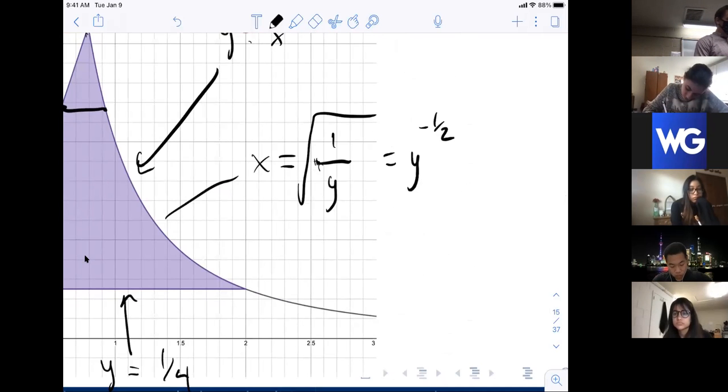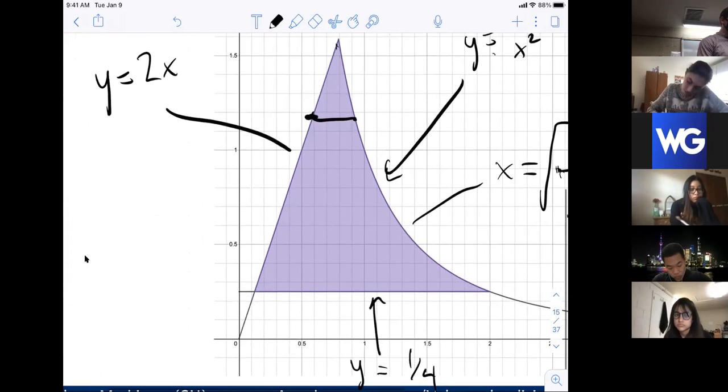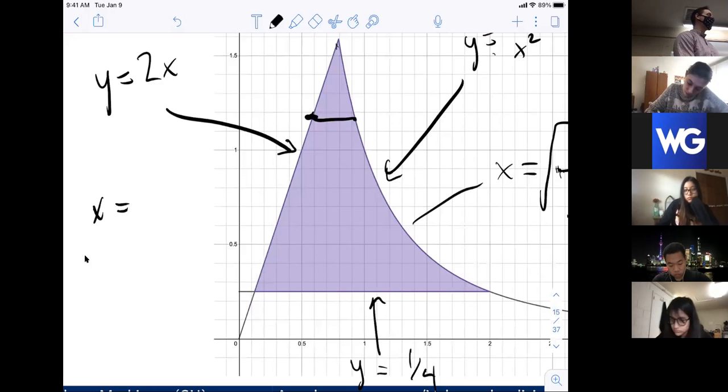Very good. All right, the curve on the left, y equals 2x. Well, what is this in terms of a function of y? To solve for x, I just take that equation and divide both sides by 2.